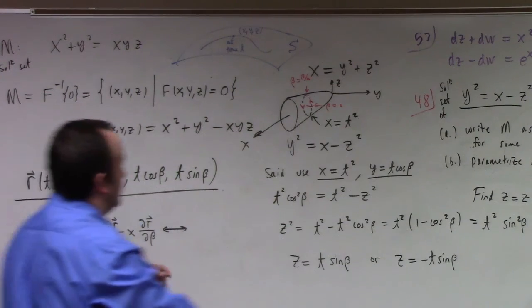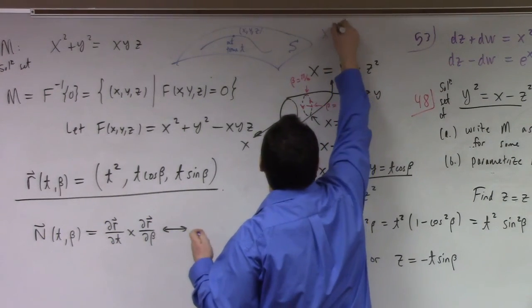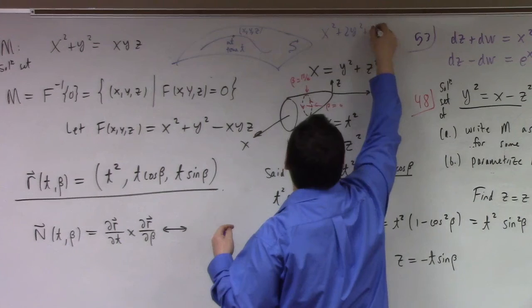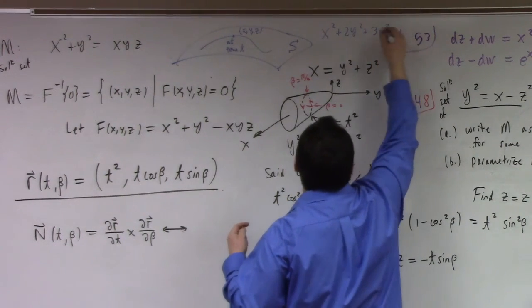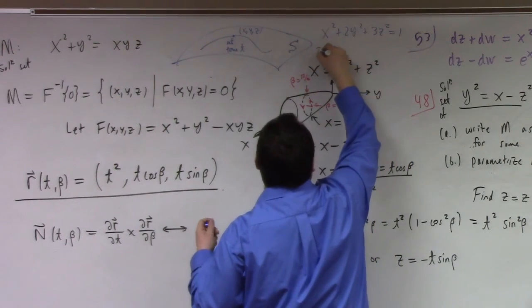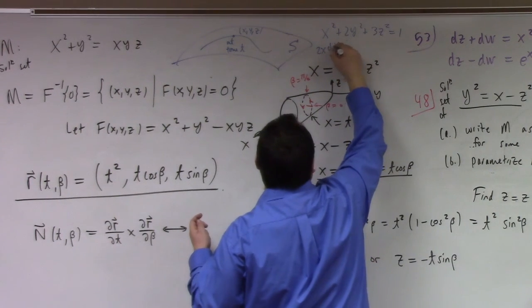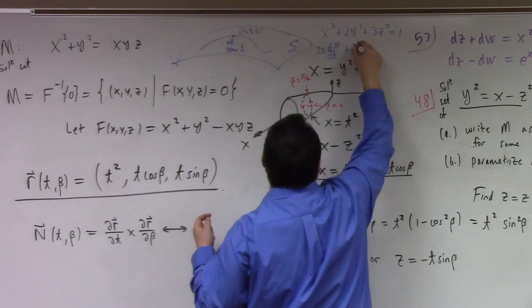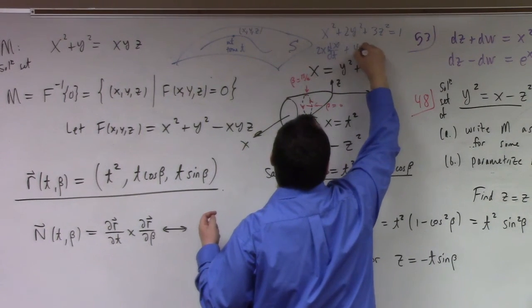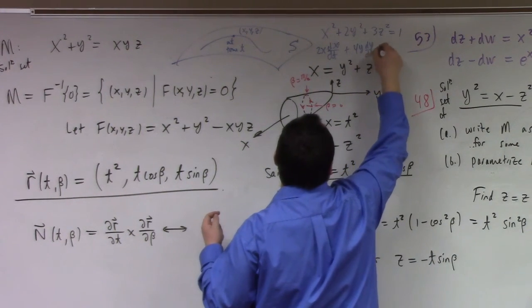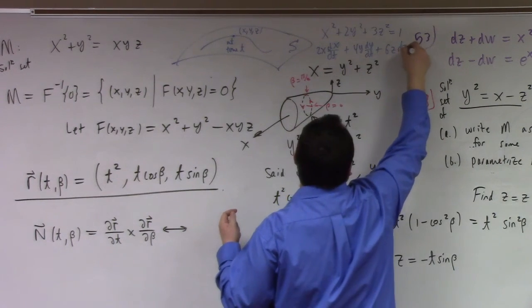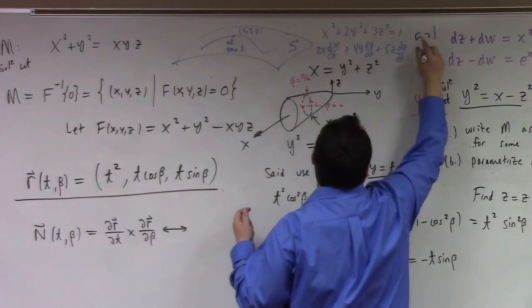I mean, if the equation of the surface was x squared plus 2y squared plus 3z squared equal to 1, then we would be forced to have the following relation between dx dt, dy dt, and dz dt: 2x dx dt plus 4y dy dt plus 6z dz dt would have to be 0, right?